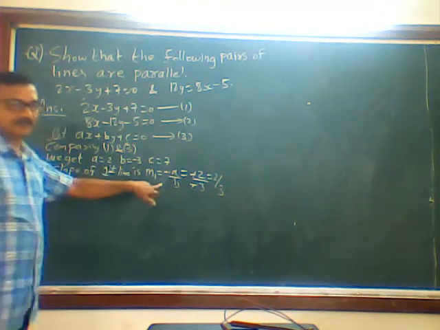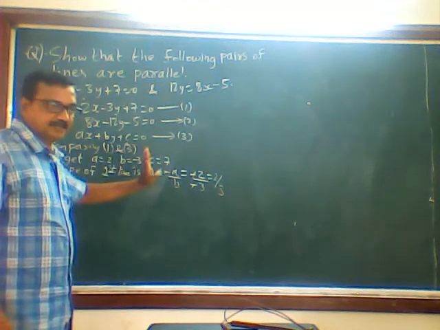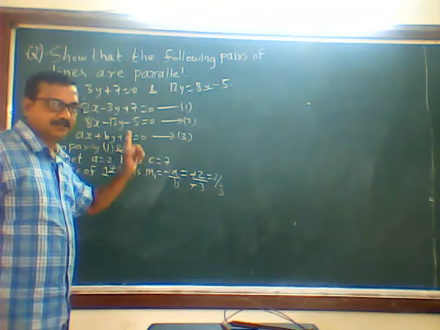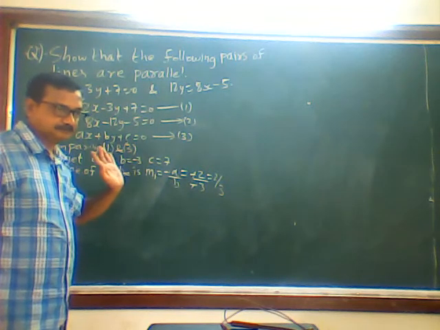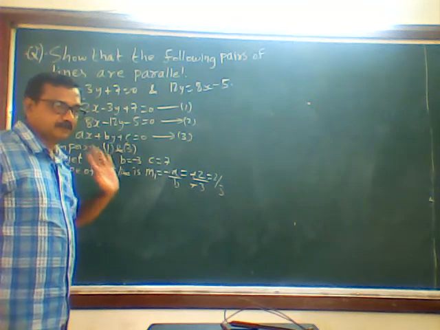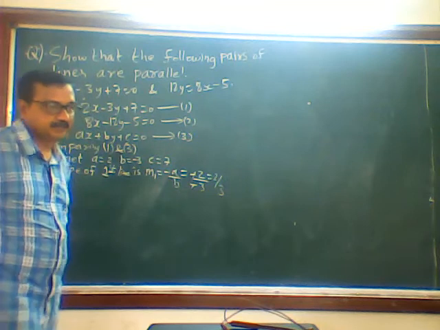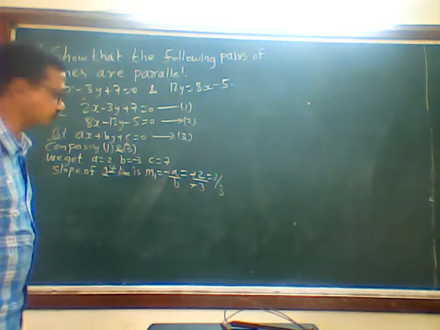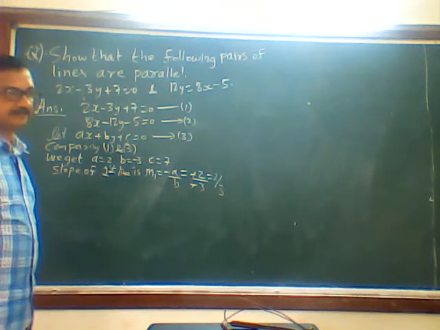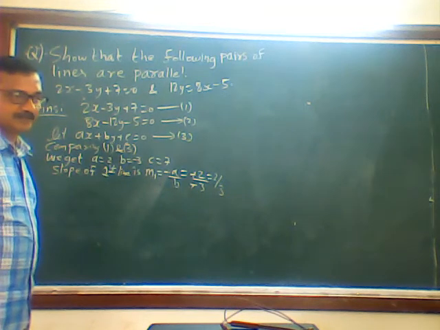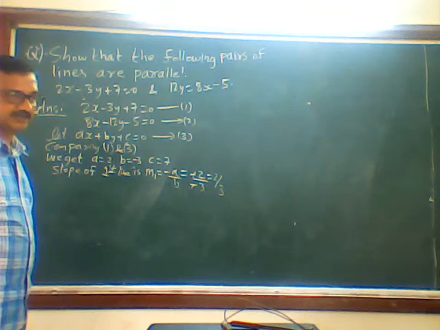This slope formula I have told you in the last class. Again I will repeat. See, the first slope formula was what? When theta is given, m is equal to tan theta. The second slope formula is what? When two points are given, that is A of x1 comma y1 and B of x2 comma y2, the slope of the line AB will be m is equal to y2 minus y1 divided by x2 minus x1.